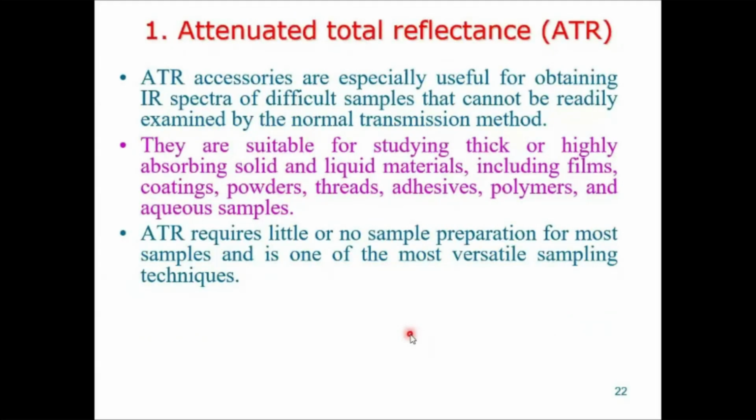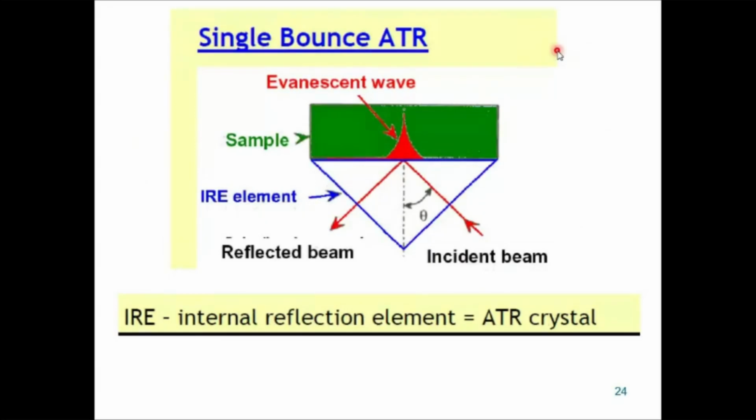Let's come to the first part. Attenuated total reflectance is also abbreviated as ATR. Now, the green part is your sample. There is an incident beam. At the point of its contact with the sample, if you draw the perpendicular, the angle it is making is theta, and this is the reflected beam. Now, in contact with the sample, you need to keep an internal reflection element.